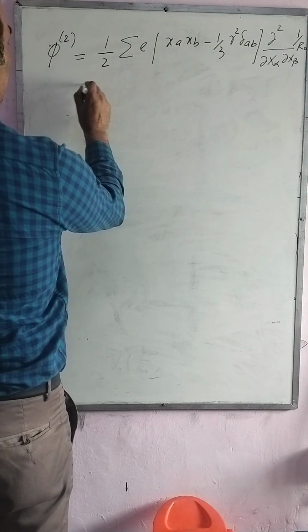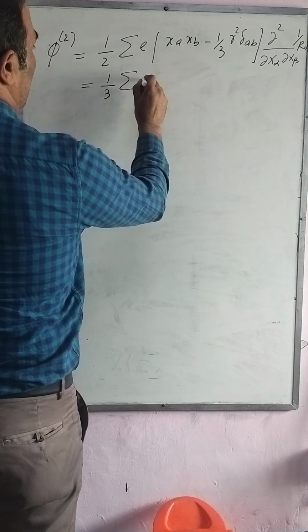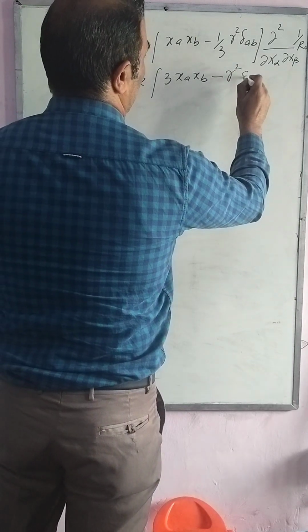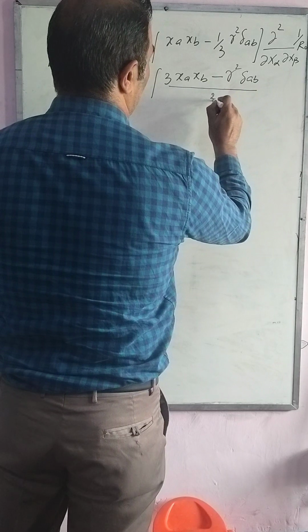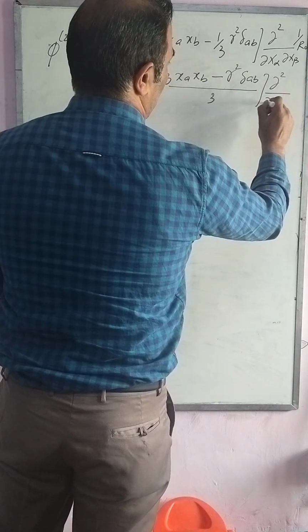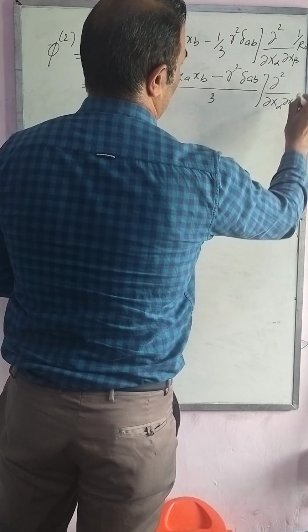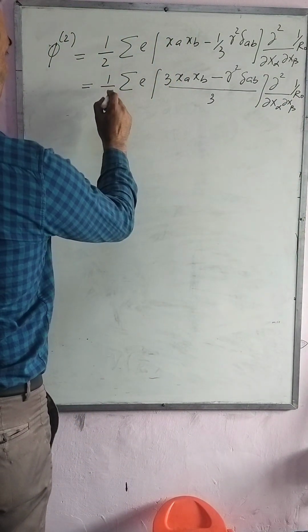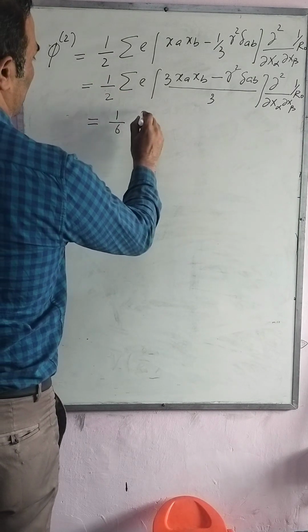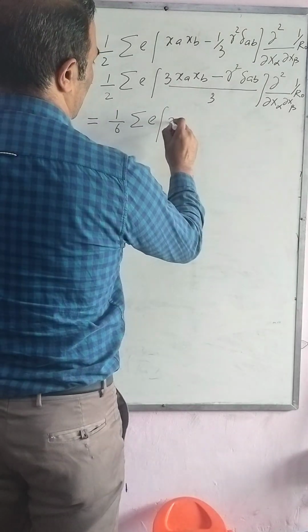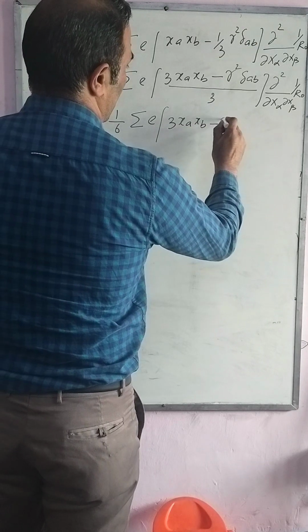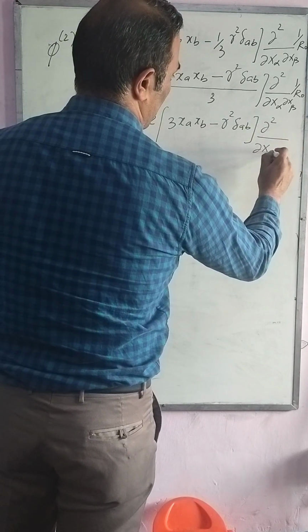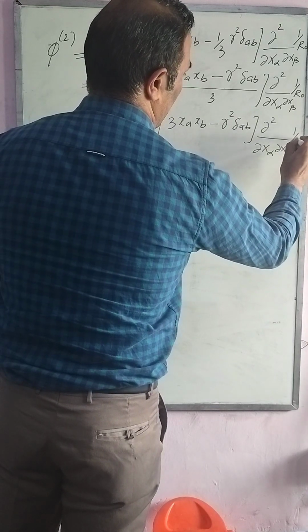So I can write this as, okay, so this is 1 by 2 here, right?